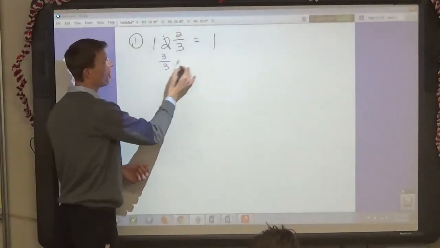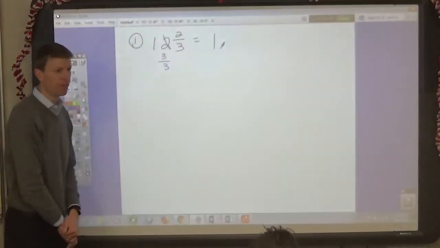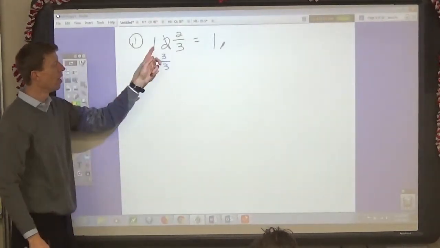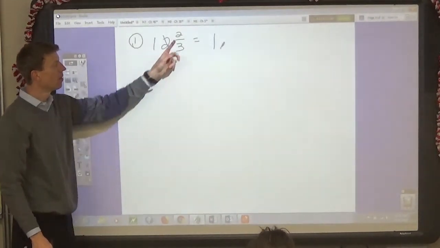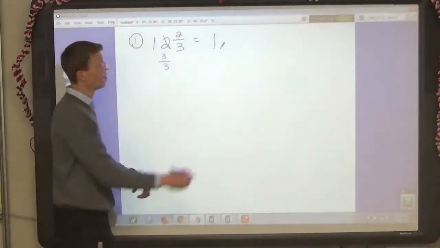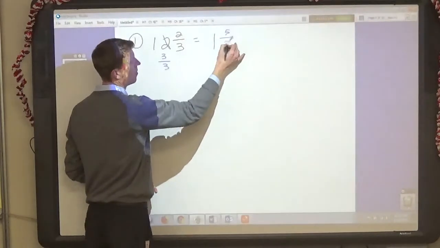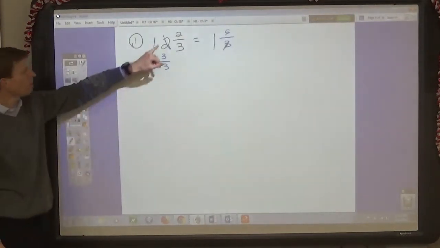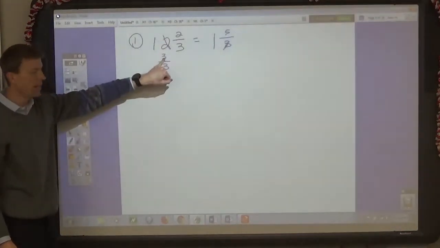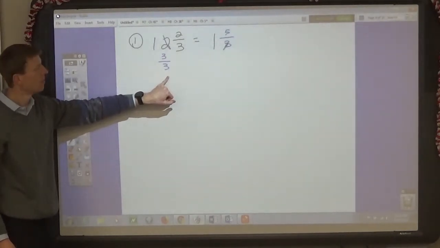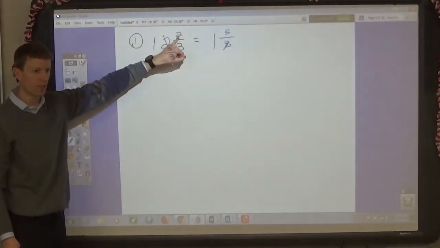Now, how many pieces do you have? 1 and then 3 plus 2 is 5 thirds. You took away a whole, made it into 3/3, and added it to 2/3.